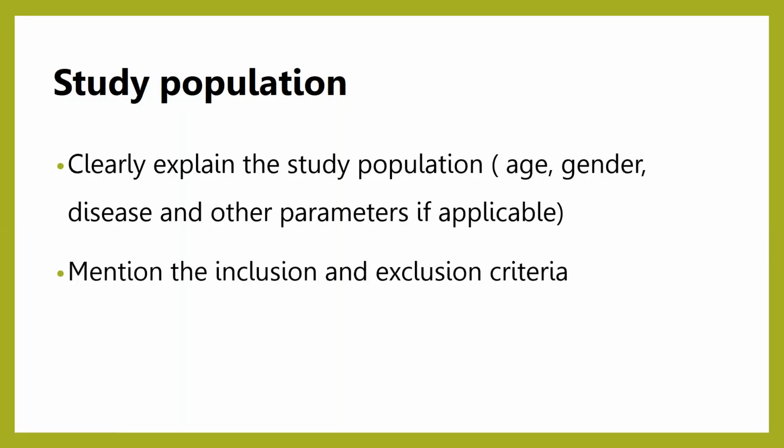You might want to enroll only males or females or all genders. Then you clearly describe what disease you are looking for and other parameters if applicable. This is the place where you make your inclusion and exclusion criteria for participants in your study.